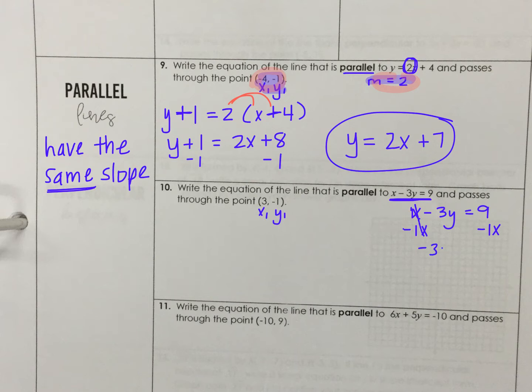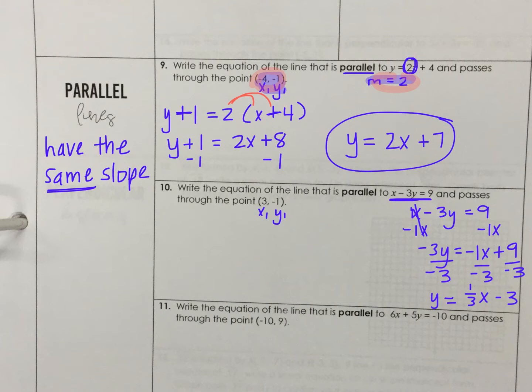That gives me -3y equals -1x plus 9, so it's in the right order. Divide by -3 on all the parts. So the y equals mx plus b would be y equals 1/3 x minus 3.